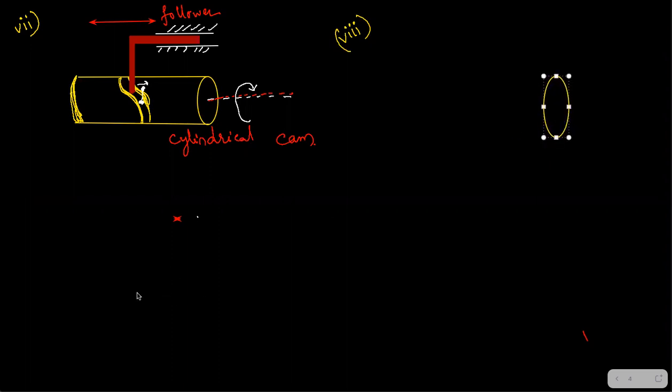This is the last model in the varieties of different cams and followers, which we can see based on the different arrangements. This is our cylinder, and here also you have a similar type of groove. For example, this is the groove. The groove will be even on the back side.